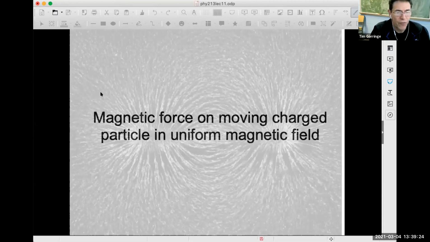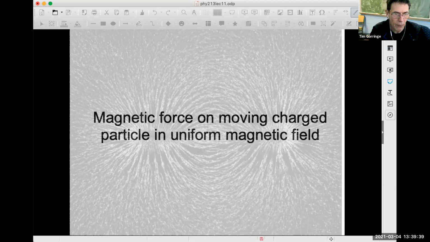In the last 5 minutes, I just want to talk a little bit about magnetic forces on moving charged particles and the motion that moving charged particles undergo. One of the very interesting things is that in a uniform magnetic field, they undergo circular motion.